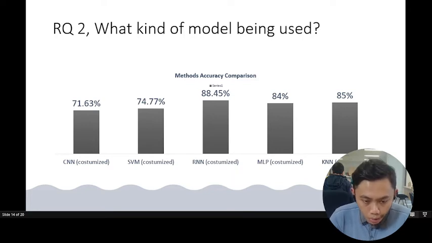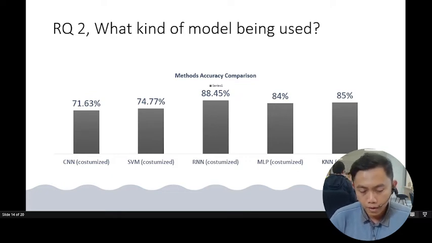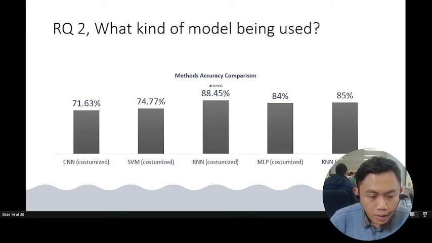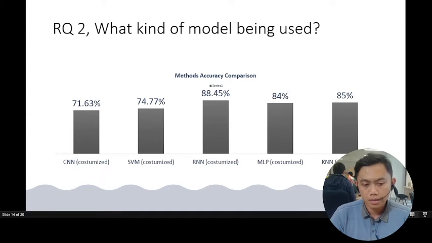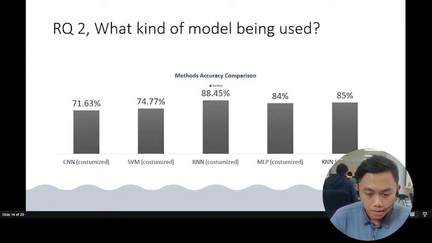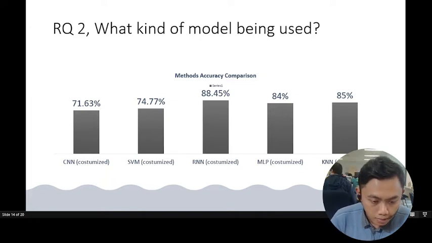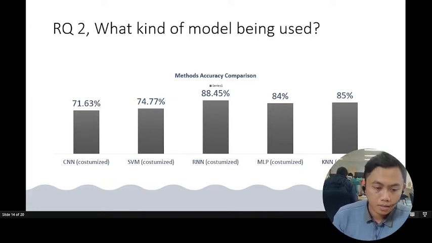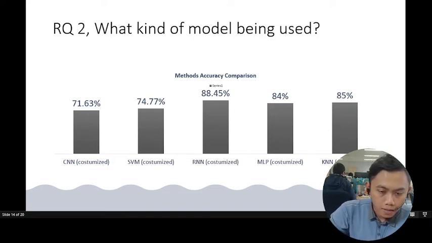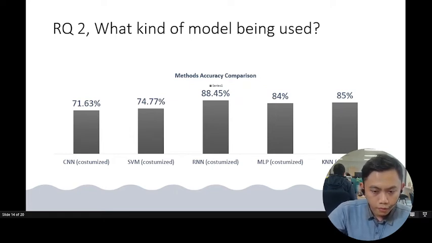We also found that around 88.45% accuracy used customized RNN, then 21% using customized CNN, then 84% using machine learning, 85% using KNN, and around 74% using SVM. So there are a lot of methods used for face recognition or face expression detection here.